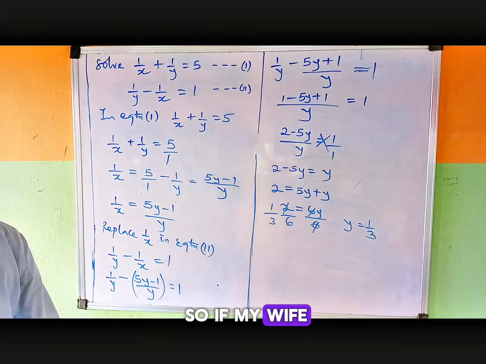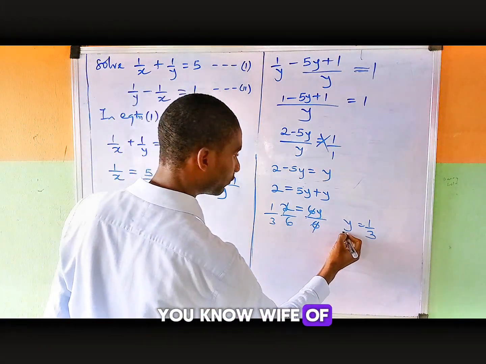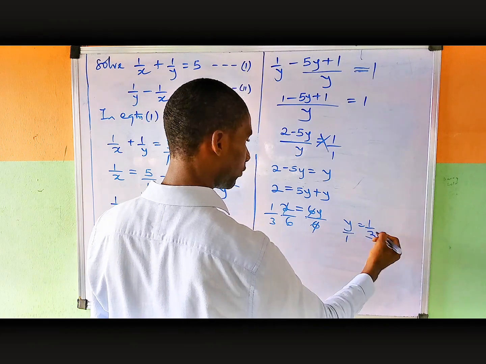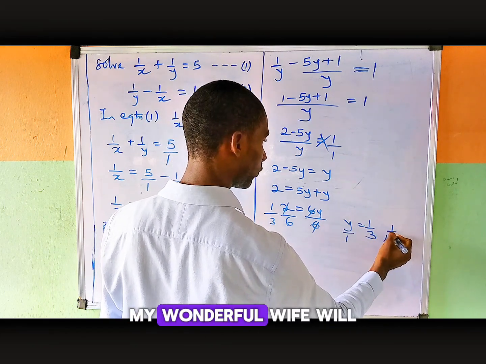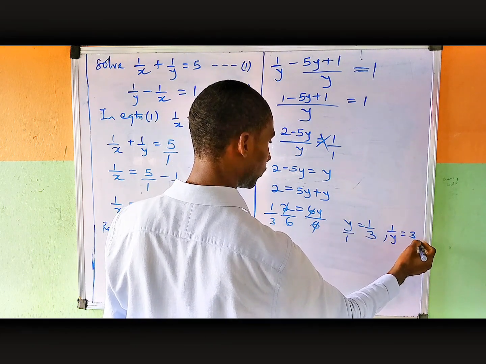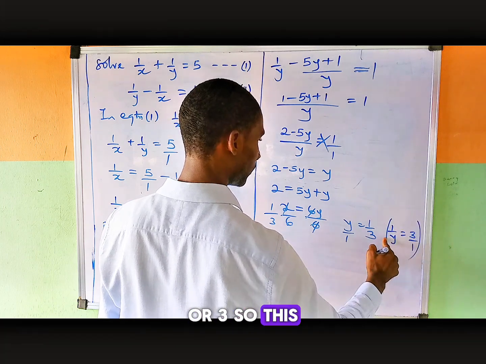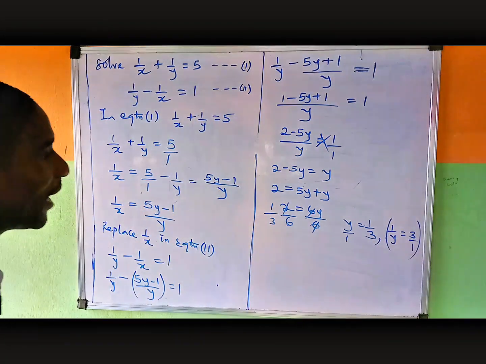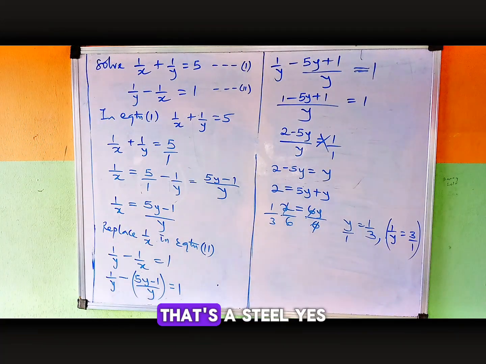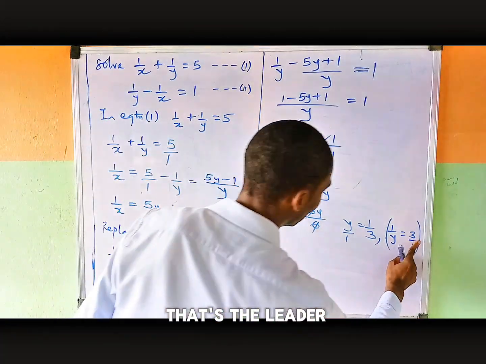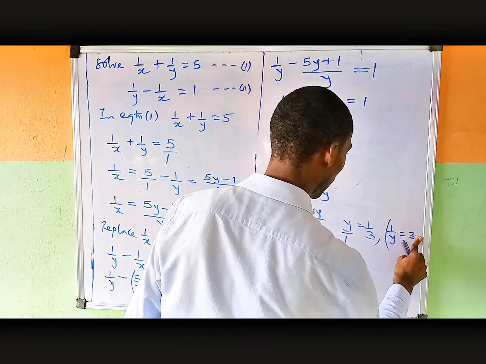So if my y is 1 over 3, you know y over 1 is 1 over 3. The inverse of y over 1 will be 1 over y. So my 1 over y will be 3 over 1, or 3. So this is the value of my 1 over y. Yes, 1 over y is 3. Let's leave it out.